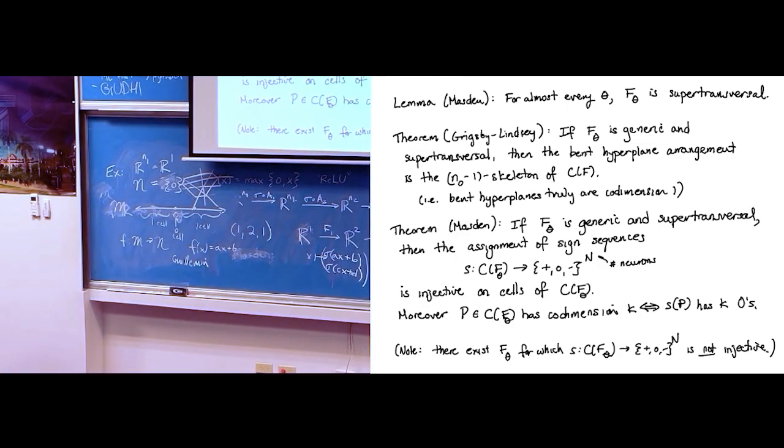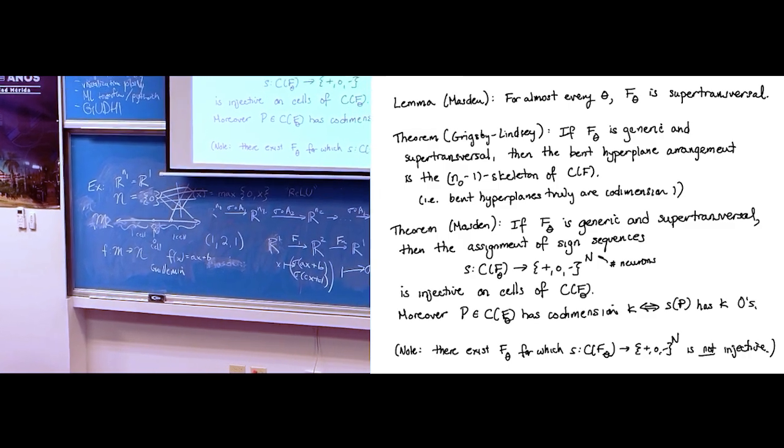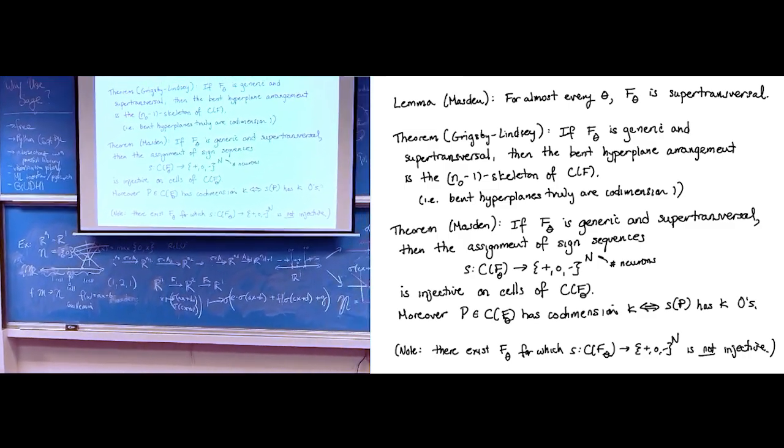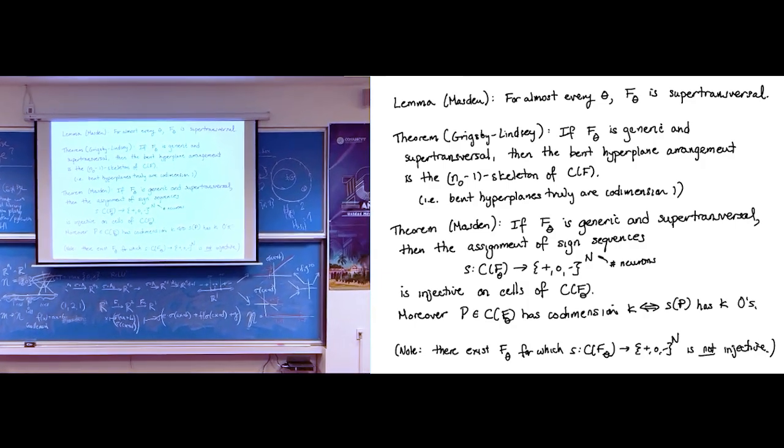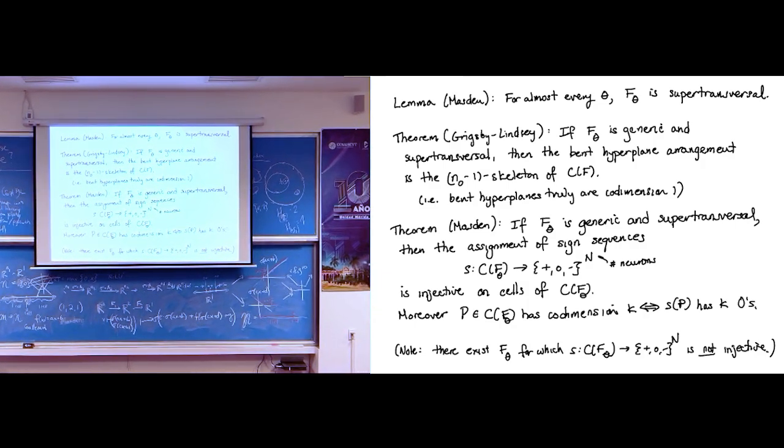So here's a theorem: if your map is generic and super transversal, where generic means that hyperplanes intersect the way you expect them to, and super transversal means that when you pull things back, the dimension doesn't get messed up, then the bent hyperplane arrangement has the appropriate dimension. That is, it's the dimension of the domain minus 1, and it's the skeleton of this canonical polyhedral complex.